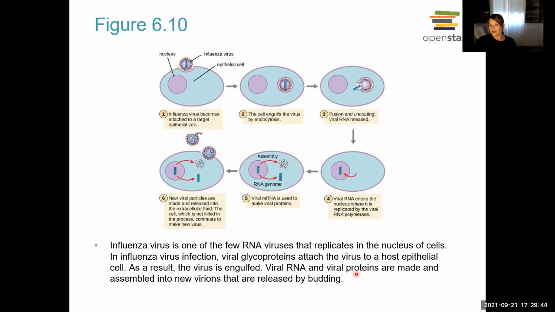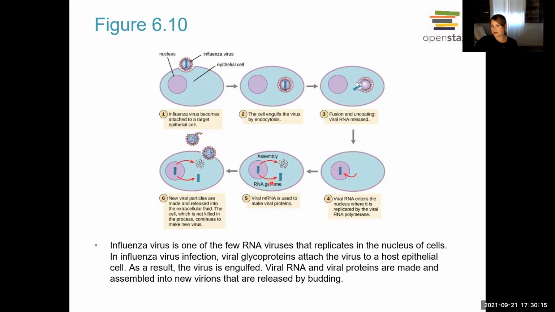The viral RNA and viral proteins are made and assembled into new virions that are released by budding. But the unique part is that here's the virus, here's the RNA. It's going to come out of the virus, and instead of just staying out here to be translated, it actually will enter the nucleus. It enters the nucleus and then gets replicated by RNA polymerase inside the nucleus. And then viral mRNA is used to make viral proteins.